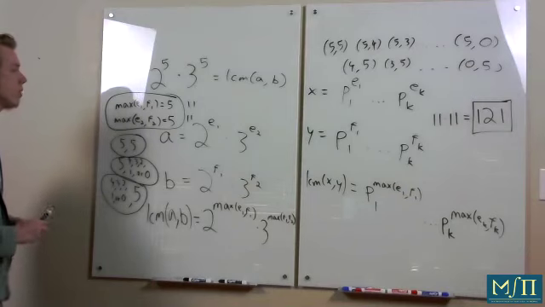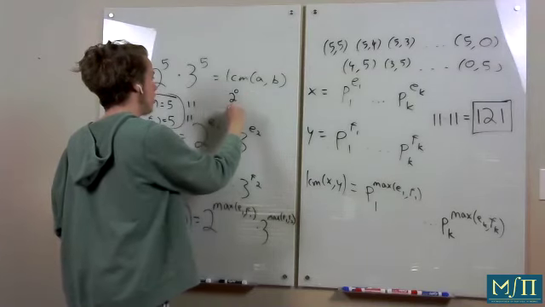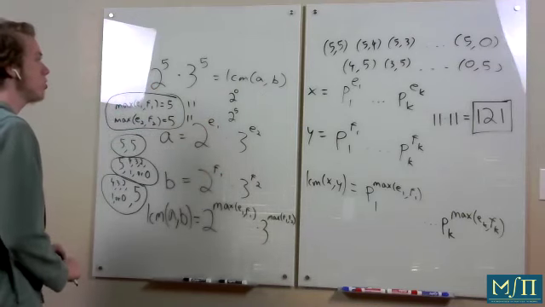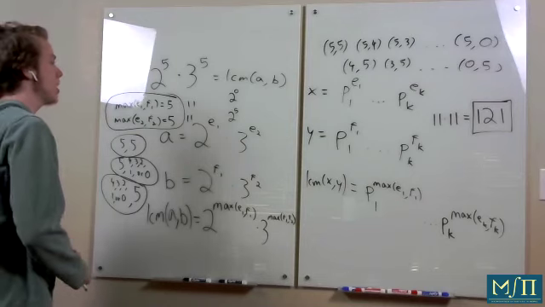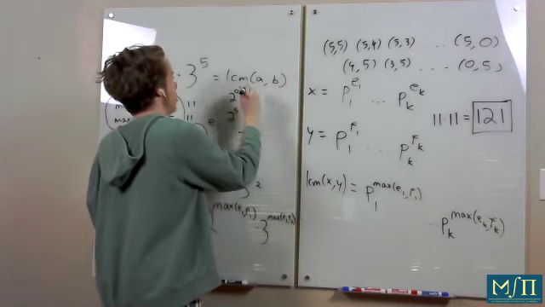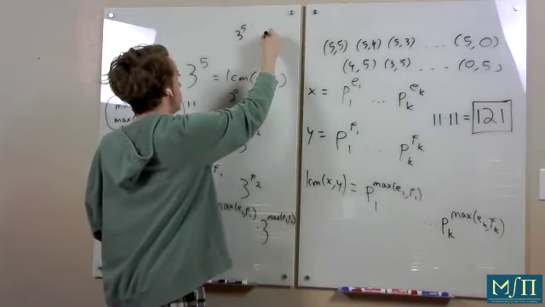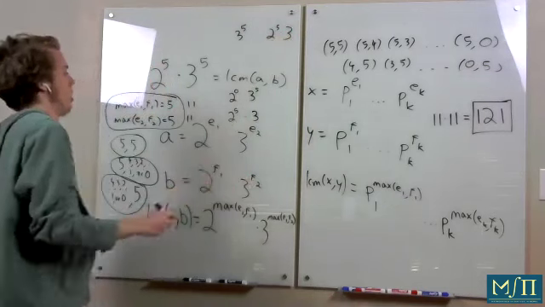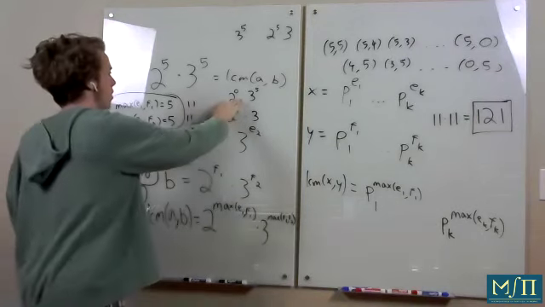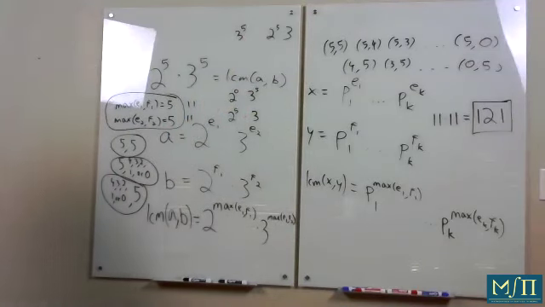For example, if I chose E1 to be 0 and F1 to be 5, and then chose E2 to be 5 and F2 to be 1, this would correspond to the pair A is 3 to the 5th power, B is 2 to the 5th power times 3. That would be the case where the exponents become 0, because the prime raised to the power of 0 just becomes 1, and so we basically ignore it.